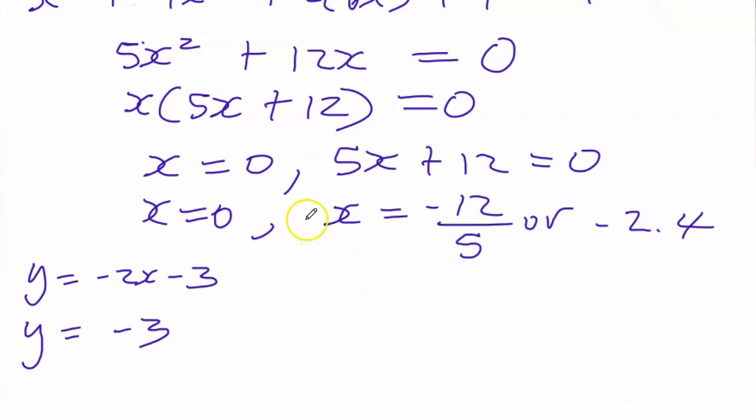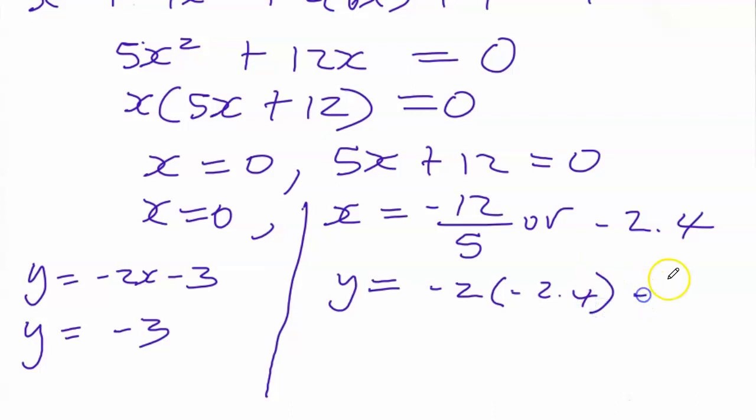And if I substitute negative 2.4 for the x, I'll get y equal to minus 2 times the x, which is minus 2 times minus 2.4, minus 3. So y would be equal to positive 4.8 minus 3, which is what now?